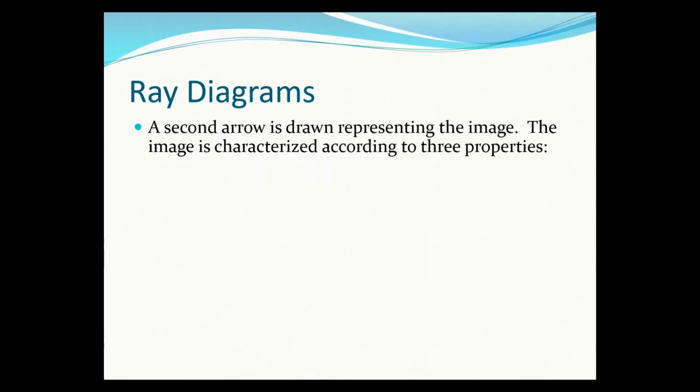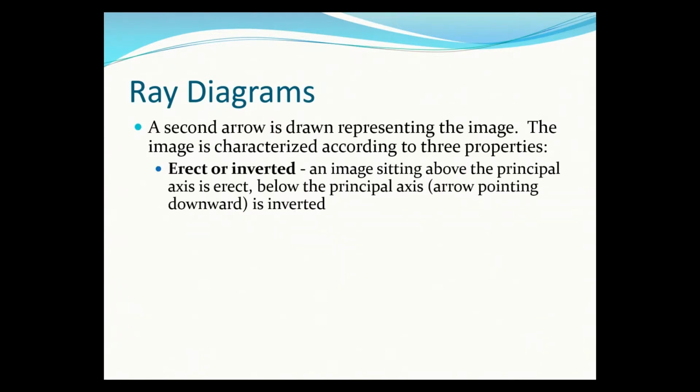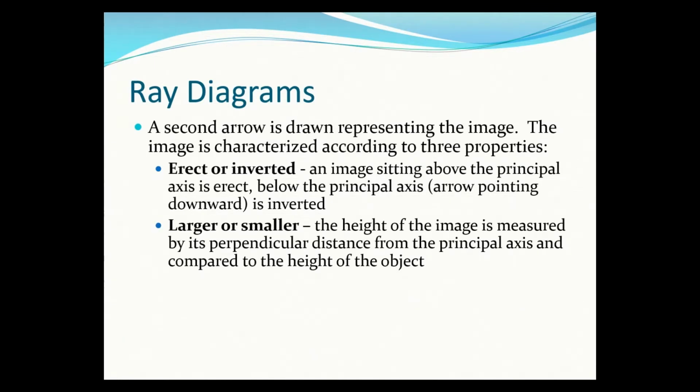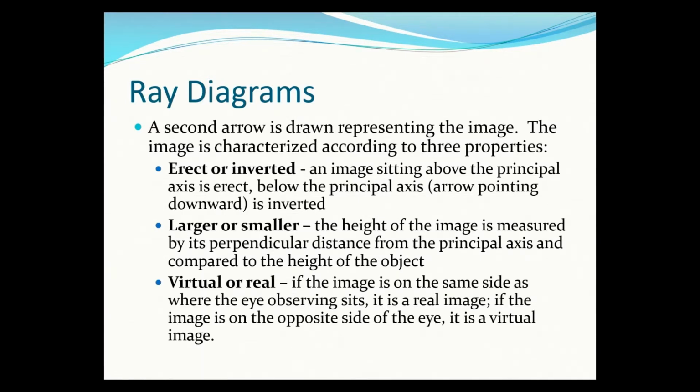So the terms that we use to describe the characteristics of our image are erect or inverted. An image sitting above the principal axis is erect and below the principal axis is inverted. The image can be larger or smaller, and then the image can be virtual or real.